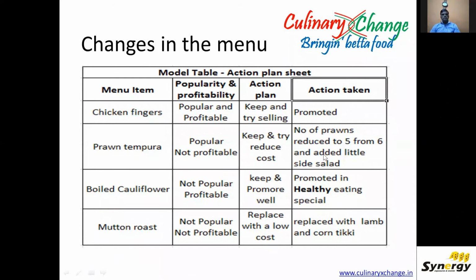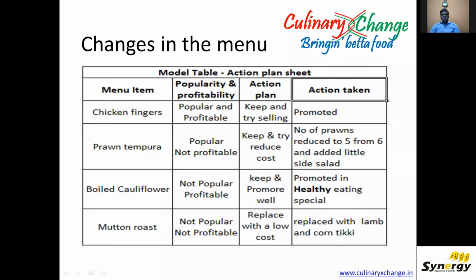Next item is prawn tempura. It is popular but not profitable. It is selling more, but it is not giving us enough profit. So the action plan here is to keep this item in the menu, and try to reduce the food cost by making changes in the recipe card.